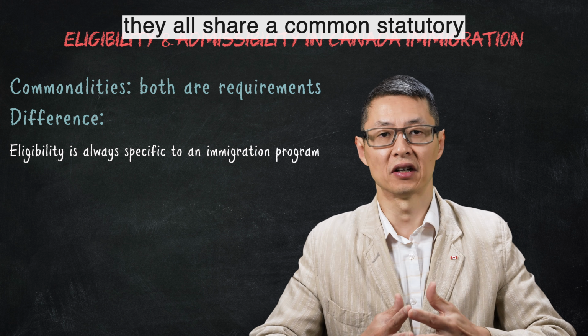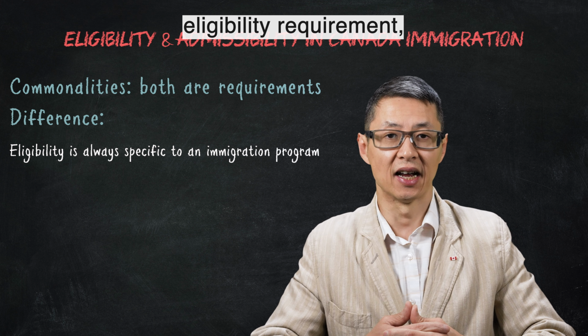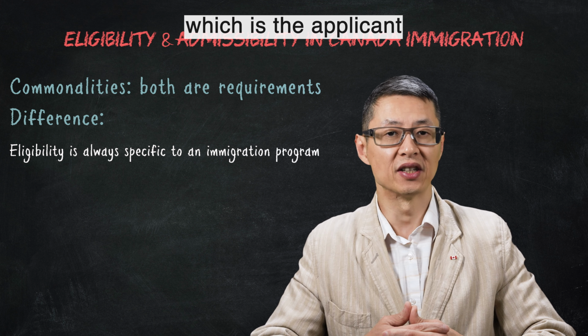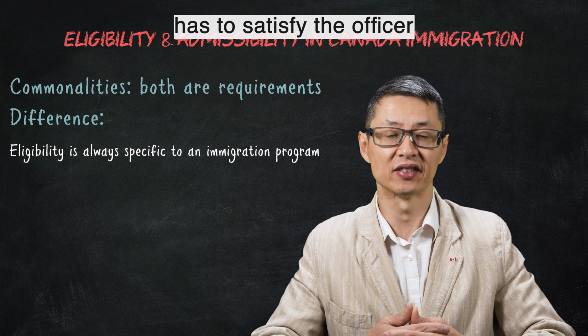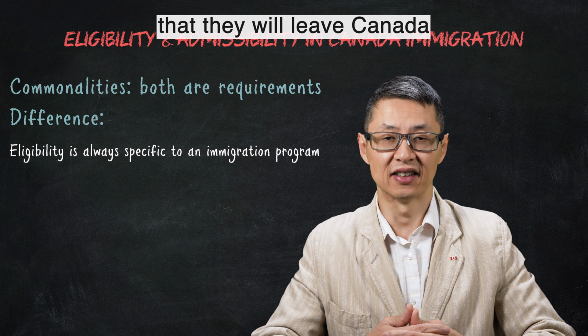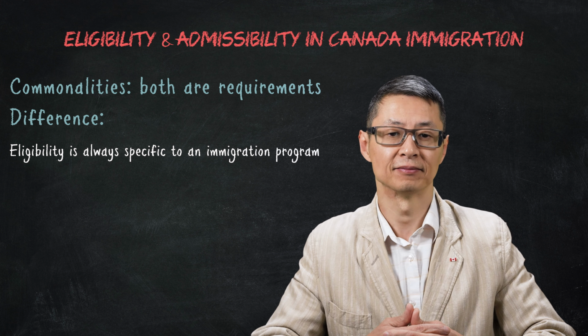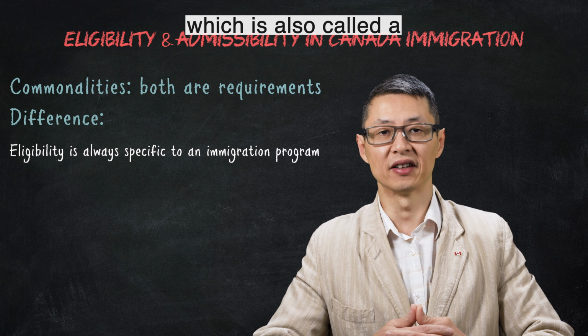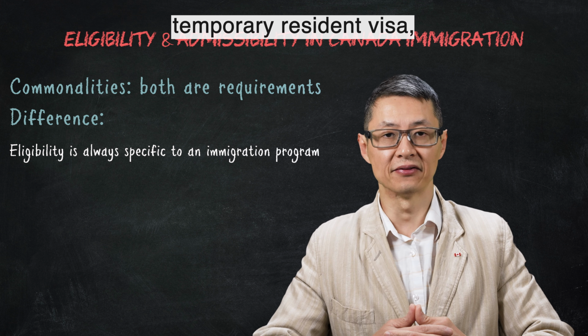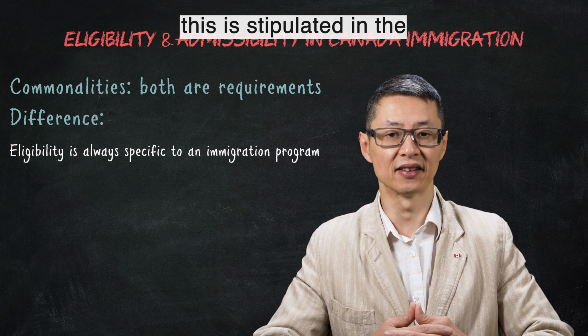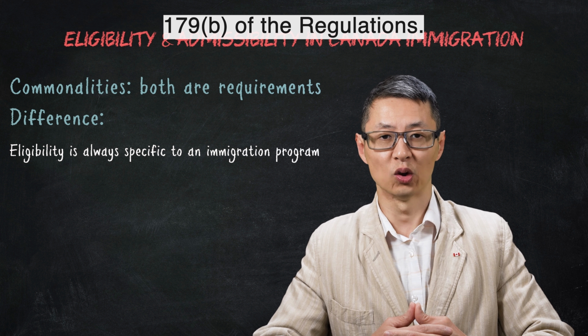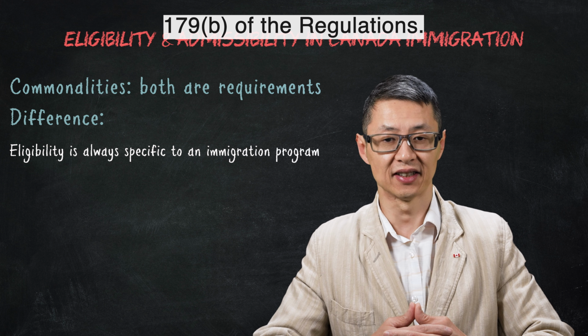They all share a common statutory eligibility requirement, which is that the applicant has to satisfy the officer that they will leave Canada by the end of the authorized stay. For the visitor visa, which is also called a temporary resident visa, this is stipulated in subsection 179(b) of the regulations.